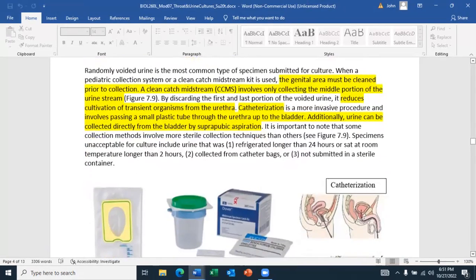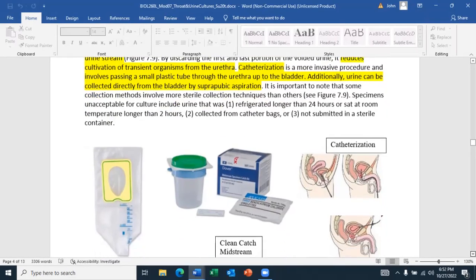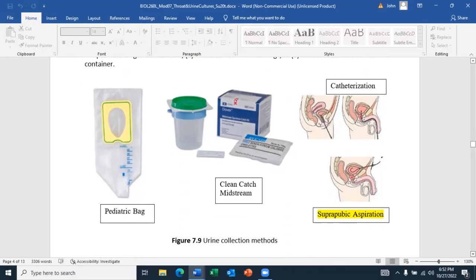There are different ways to collect a urine specimen. Let me show you the three ways: a clean catch midstream, catheterization, and suprapubic aspiration.